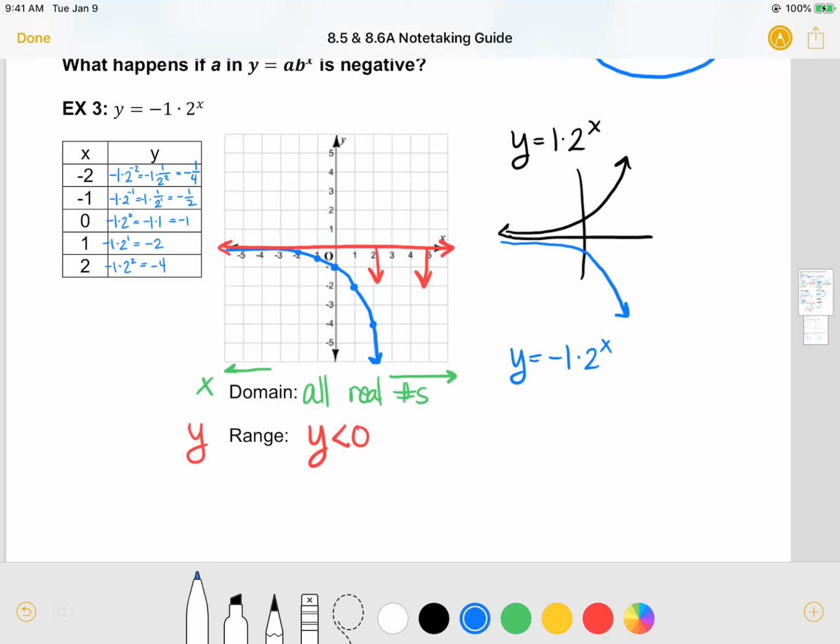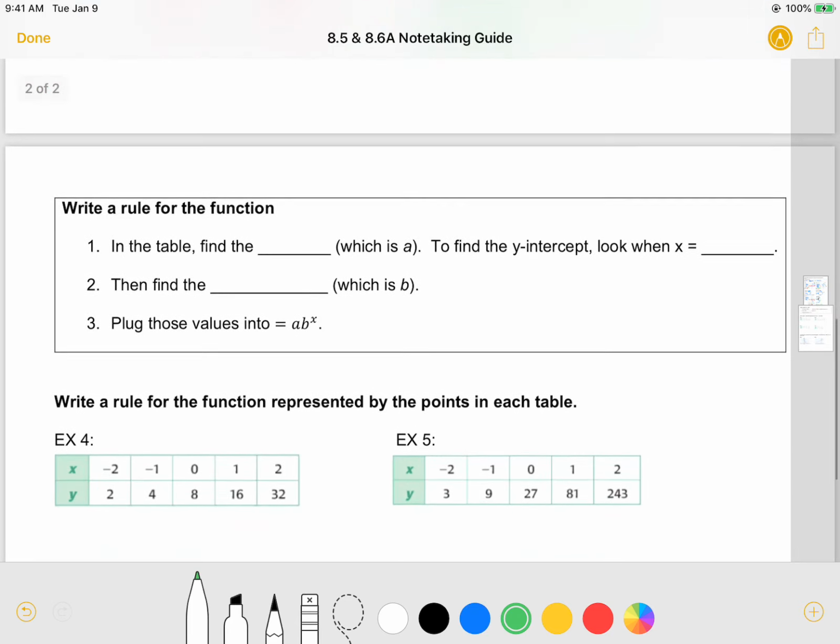So what's happening is the graph is being reflected over the x-axis. So it's a reflection over the x-axis. Okay?